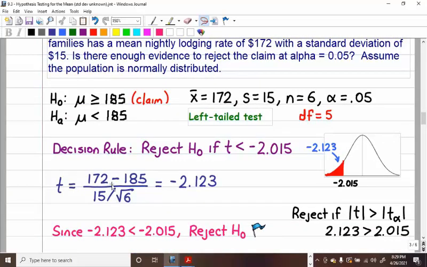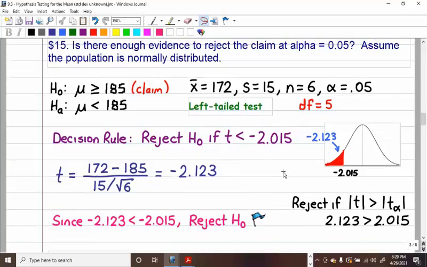All right, test statistic. 172 is the mean, 185 is the hypothesized mean, and the test statistic is negative 2.123. Now, that's a little tricky. Don't worry so much about the absolute value I wrote here. If you recall the last section, where I showed how you could flip it over to the positive side, that's what I mean by the absolute value.